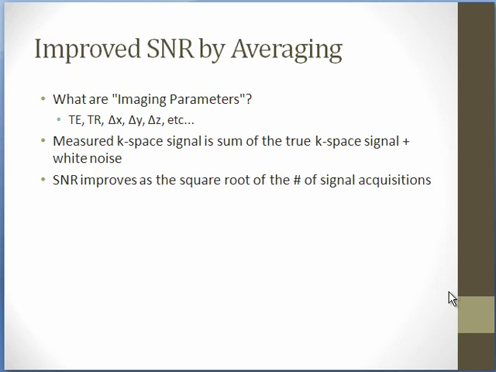So you see clearly that it's not practical to use averaging as your only means of increasing the SNR in an image. The clinical scan really has to be around 45 minutes at the most. So you have to find other ways to improve the SNR, and there are other ways to do that, and we'll talk about those in the next topic.